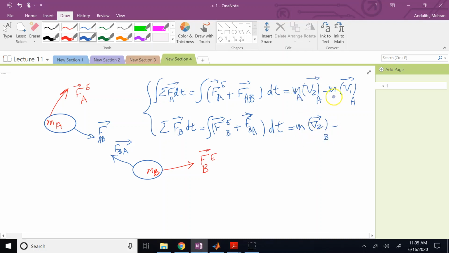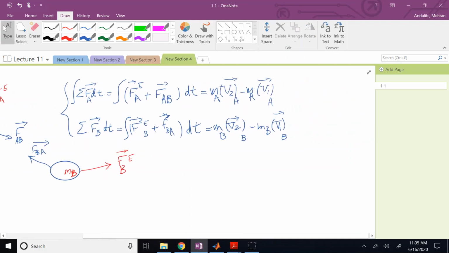And this is m of A, and this is m of B. There are too many superscripts and subscripts that we have to pay attention to, and arrows, to write it properly.